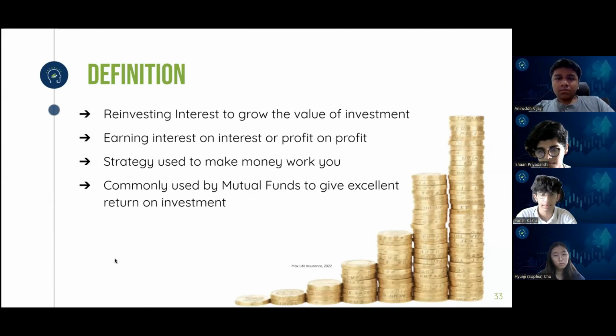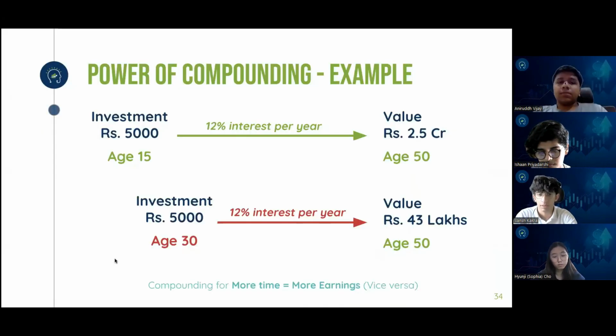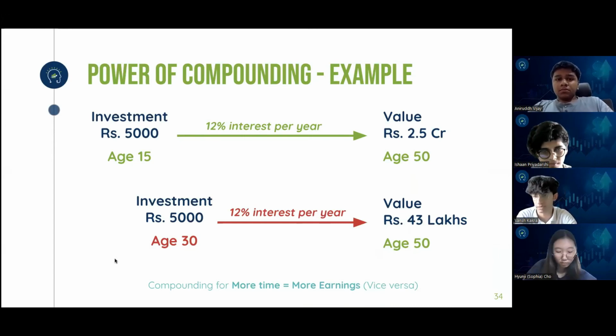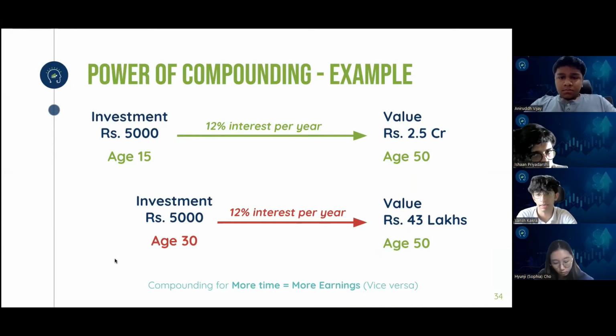So let's consider an example. Let's assume that you invest rupees 5,000 in a mutual fund, starting at the age of 15. Considering that an average mutual fund gives a return of 12% interest per year, though nowadays it's more like 13 to 14%, you will make a total amount of rupees 2.5 crore by the age of 50, which is after 35 years, right?